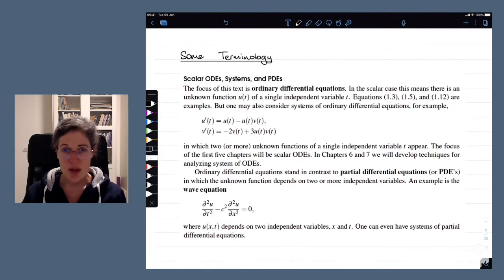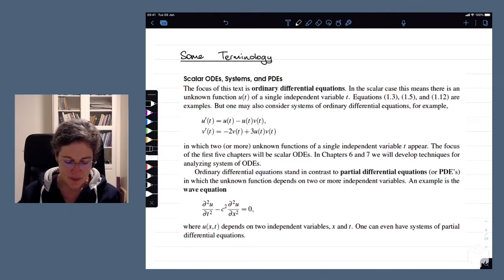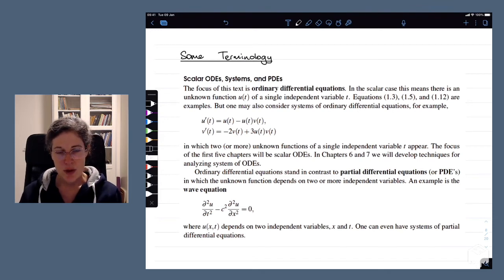All right, so just some terminology. You might have heard the term ordinary differential equations applied to this course. And usually if someone just talks about a differential equation, they're probably meaning an ordinary differential equation. What does this mean?